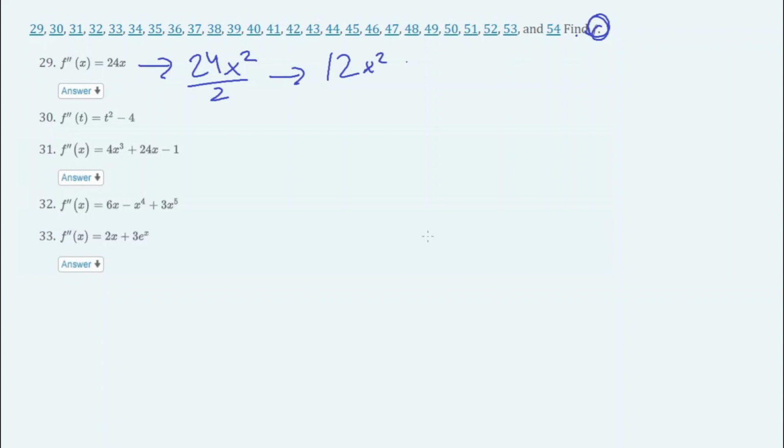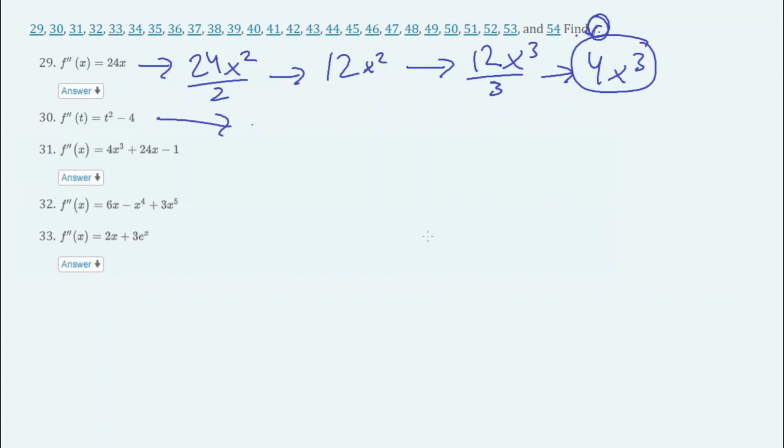We want to find f, so we just do the antiderivative again. That's going to be x cubed over 3, and if we simplify, it's going to be 4x cubed. So that's going to be our f for number 29.